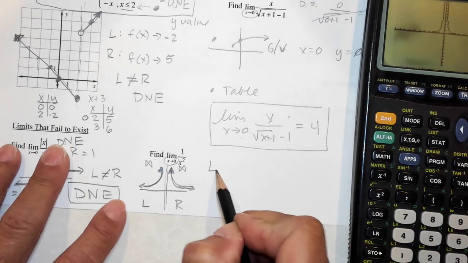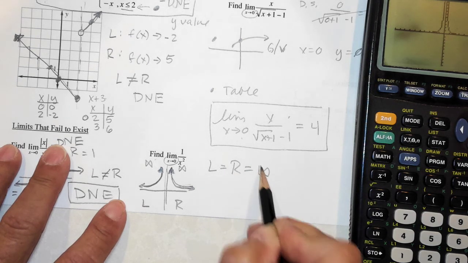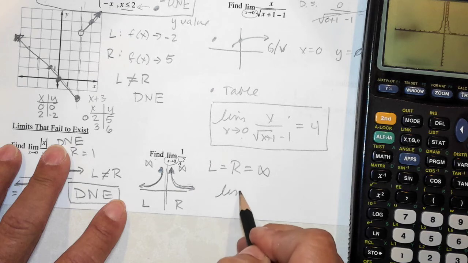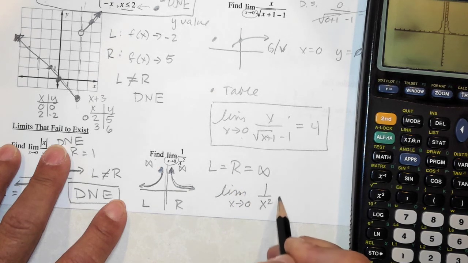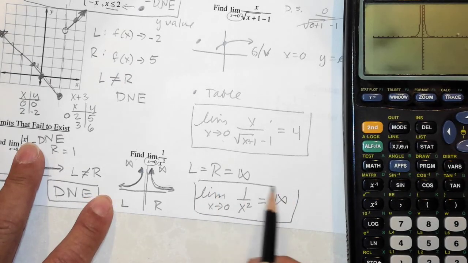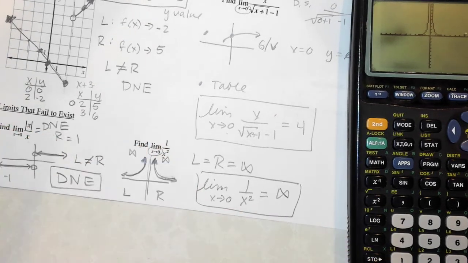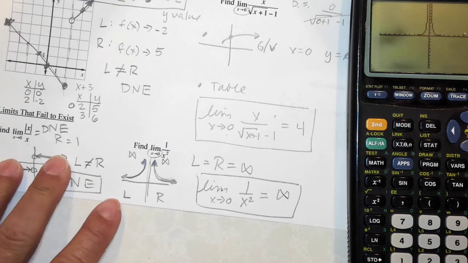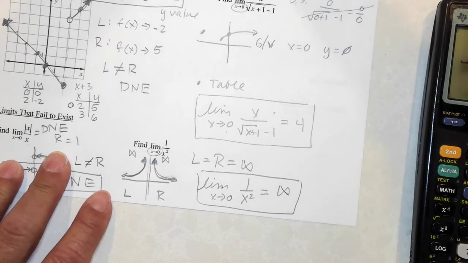So because the left side equals the right side and they both approach infinity, I would say that the limit as x goes to 0 of 1 over x squared is infinity. Now clearly they're never going to get to infinity, but you can see as you close in on 0 from both sides, they're both headed up towards infinity, and that's what limits are. What are you approaching or going towards? Not what do you actually necessarily get to.